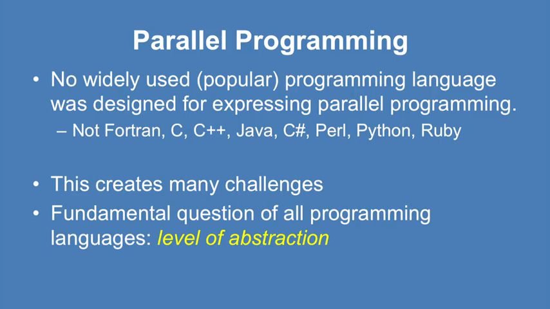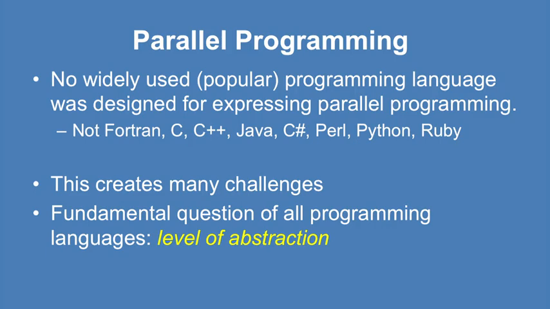Our challenge is that we're trying to take what were designed as sequential programming languages and utilize them for parallelism. Some of the more modern ones, like maybe Java, have some concept of threads, but they really don't have a concept of efficient, high-performance parallelism built into the language. And that creates some challenges.